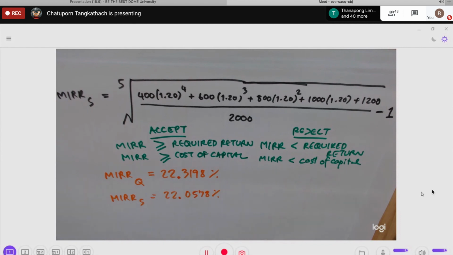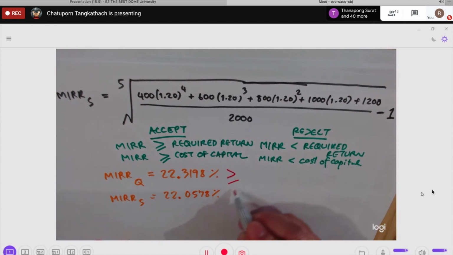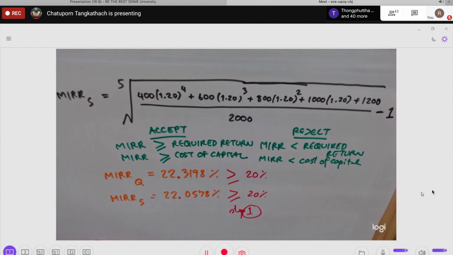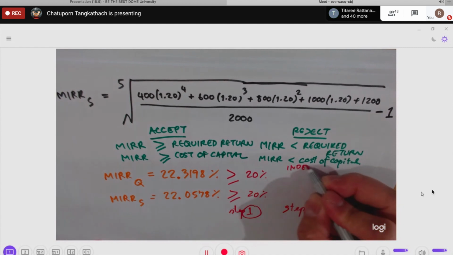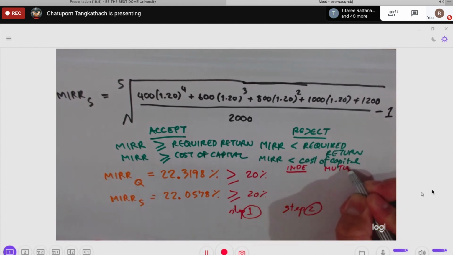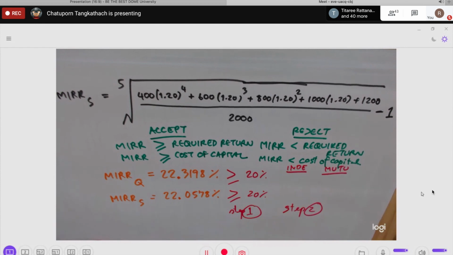Our conclusion for projects Q and S based on MIRR is that MIRR must be greater than or equal to 20% first. This is our step number 1. And for step number 2, since both of them pass, we go on with an independent projects environment or a mutually exclusive projects environment.